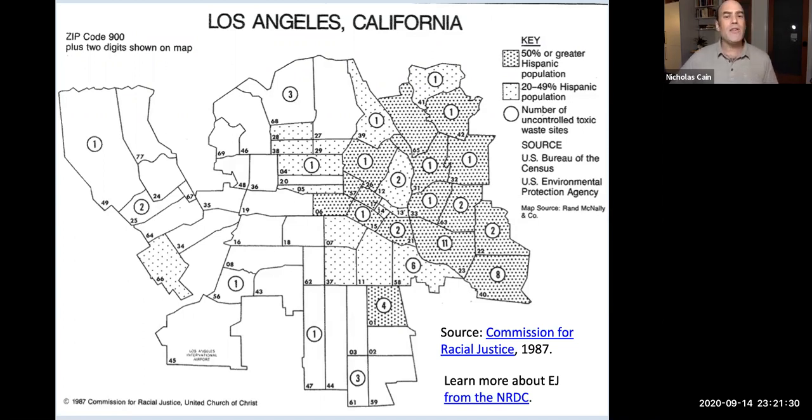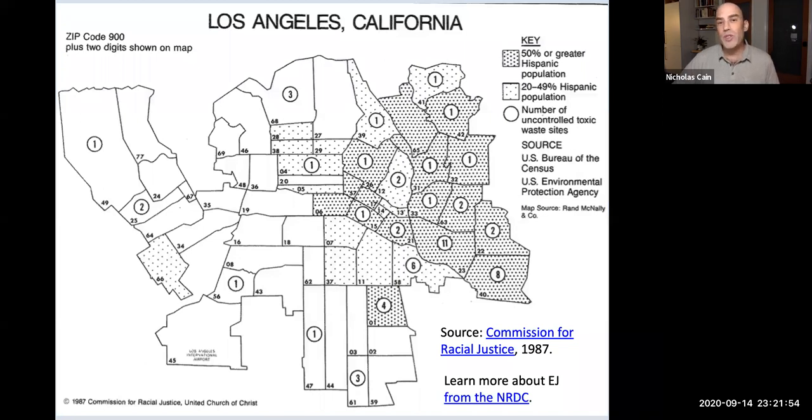And what you can see if you take a moment to look at this map is that many of these neighborhoods on the east side, which were predominantly Hispanic or Latino, Latinx, have a high number of toxic waste sites. You can see that there's a site in the southeast quadrant there that has 11 toxic waste sites.